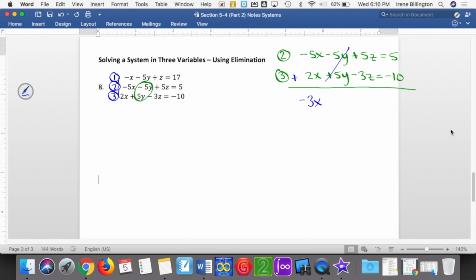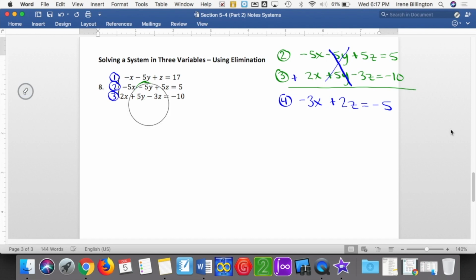Negative 5y plus 5y cancels. 5z plus negative 3z is plus 2z equals 5 plus negative 10, or 5 minus 10, is negative 5. This is an equation that resulted in using elimination on equations 2 and 3. I am going to label that equation 4.